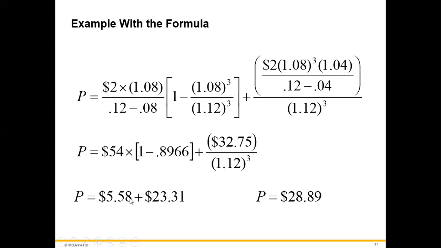So the present value of the first growth at 8% for 3 periods, $5.58. The present value of the second growth in perpetuity of 4% is $23.31. Add them together, price of the stock is $28.89. So a lot of stuff there, but that's because the stock is growing at 2 distinct rates and one goes off into perpetuity.